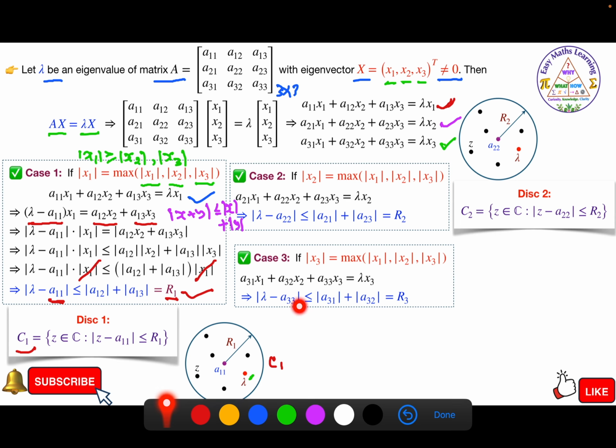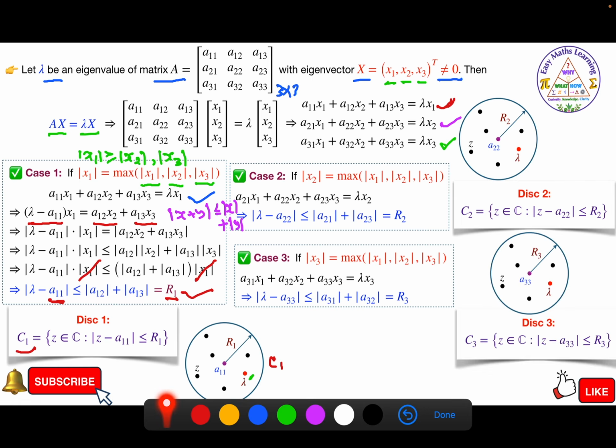This inequality represents a disk with center a33 and radius R3, which we denote by C3, and clearly the eigenvalue lambda satisfies this inequality, so lambda is inside this disk.